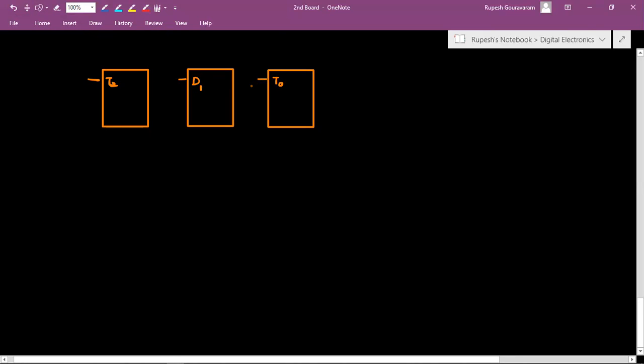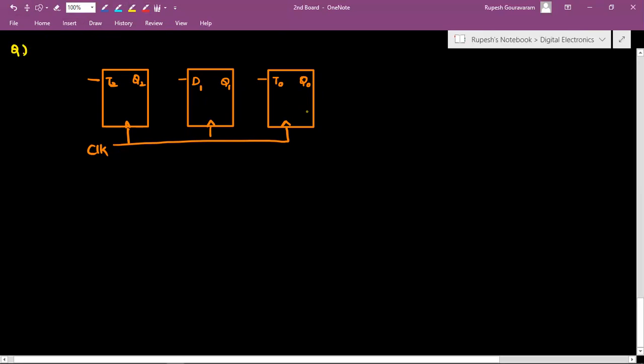And here the output is Q2, here output is Q1, and here output is Q0. And clocks are given like this. So same clock is given for the entire circuit.